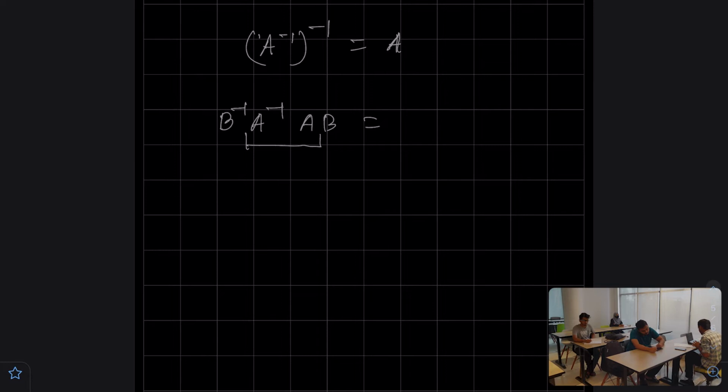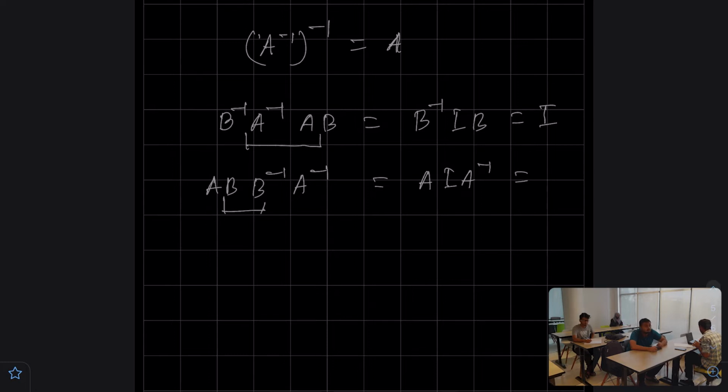I can multiply these using associativity. Then you will get B inverse I B, and this is just the identity. Again, you can use the definition AB B inverse A inverse, and this is simply A I A inverse, and that's it. That is the identity, right?